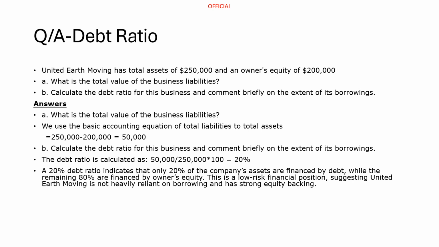So the debt ratio is the assets financed through debt. This is 20%, 50,000 total liabilities divided by the total assets. So 20%. This indicates a low risk financial position with strong reliance on owner's equity and minimal dependence on borrowing.